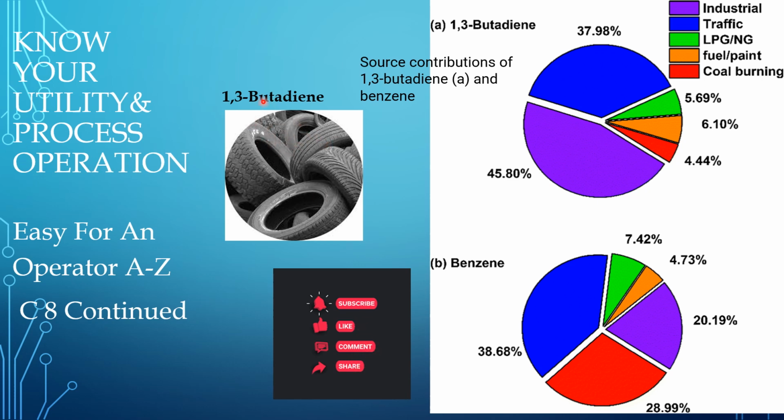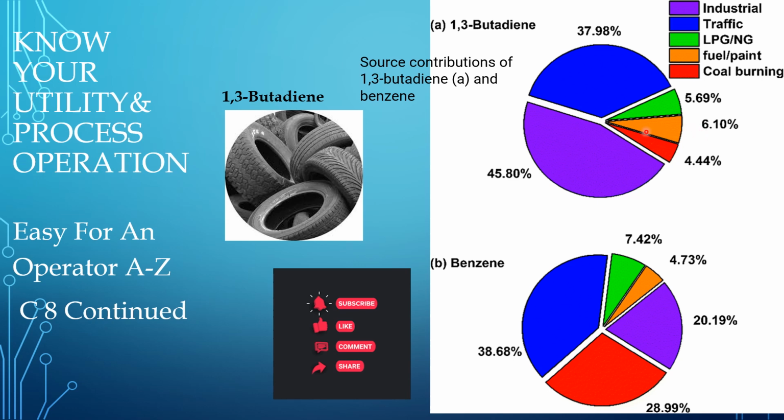This is the tag used for 1,3-butadiene. Now you can see the source contributions of 1,3-butadiene and benzene. For 1,3-butadiene, this is usage in traffic, this is because of industrial application, and this is from LPG and natural gas.